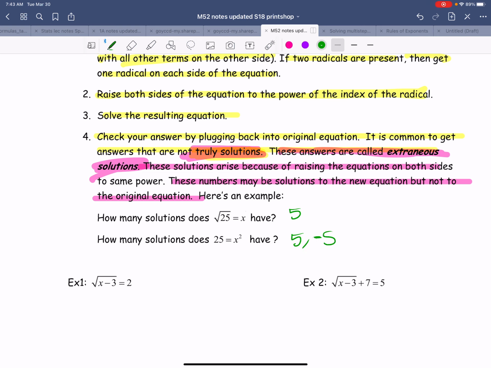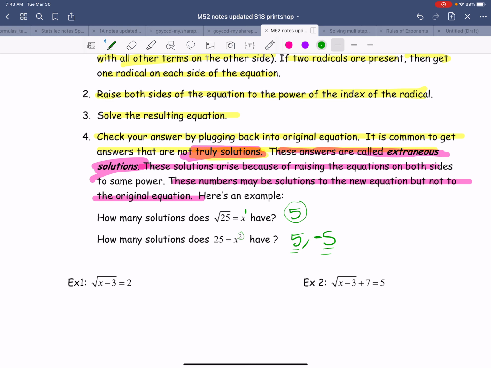You can also look at it this way: when the exponent is 1, there's going to be one solution. When the exponent is 2, there's two solutions. Those two solutions are not always distinct, they could be repeating solutions, but the exponent tells me how many solutions I'm expecting.